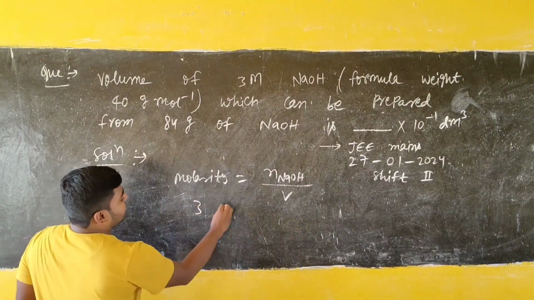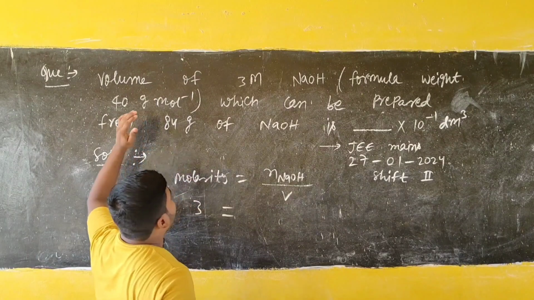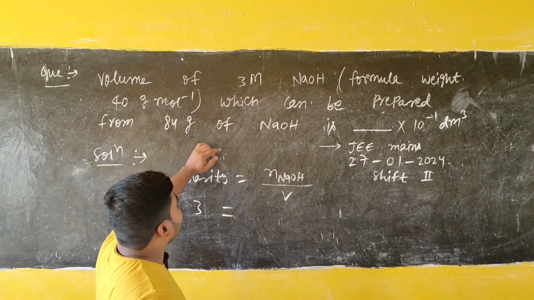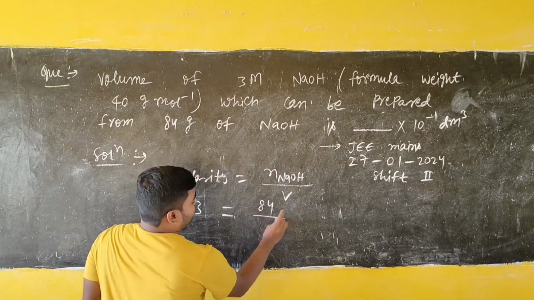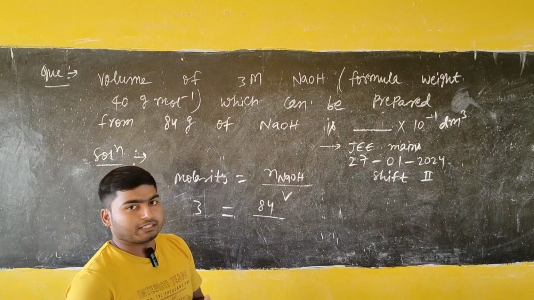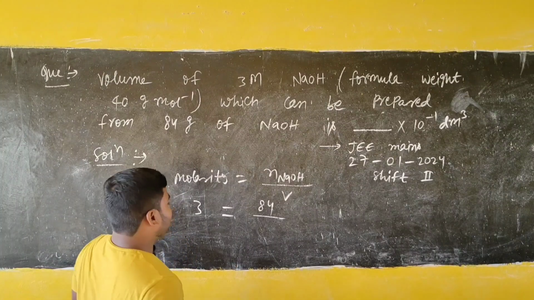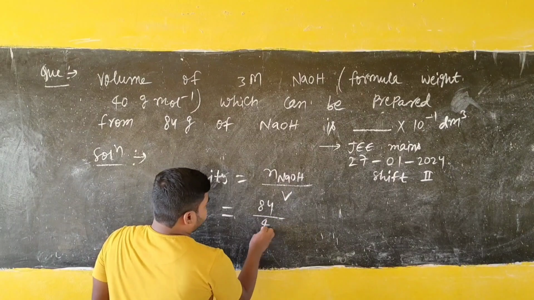Molarity is given as 3, and moles we can calculate with the help of this. The mass of NaOH is given as 84 gram, so we write 84 divided by molar mass. Moles is given mass by molar mass, so given mass is 84 and molar mass is 40.